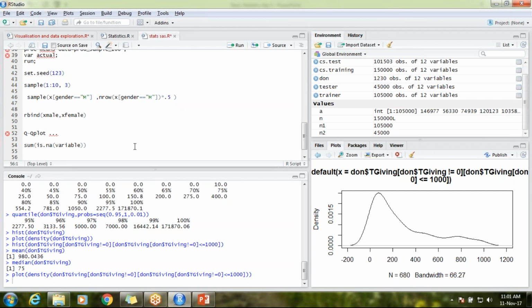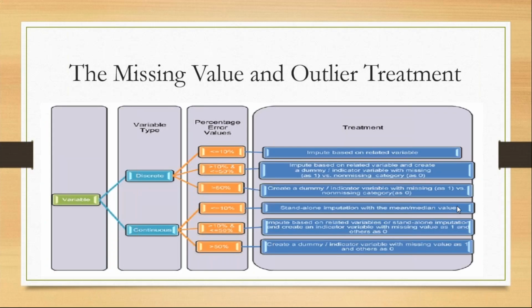But here I am considering only a certain population. So this is quite an estimate. Don't take it as something cast in stone that has to be followed, but it gives a rough estimate of the norm to judge and treat my missing and outlier values.